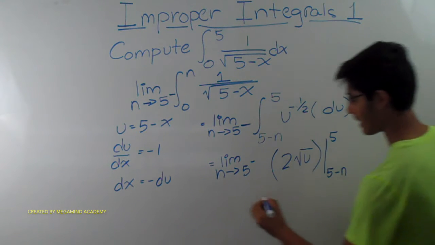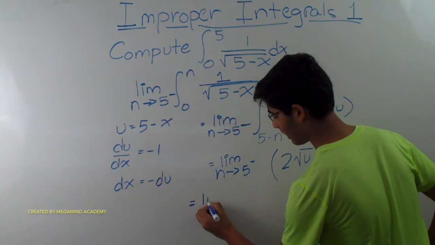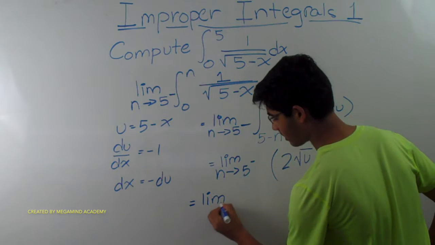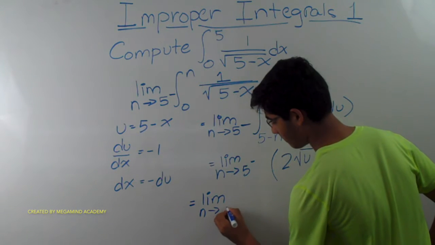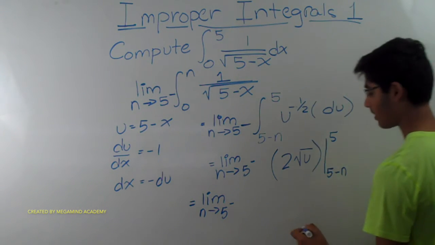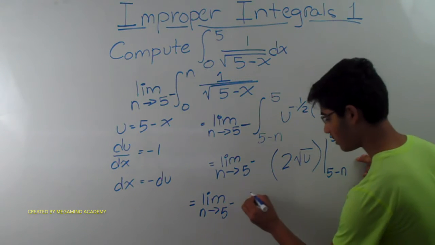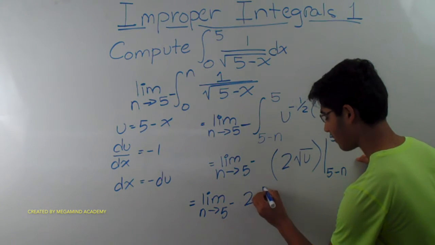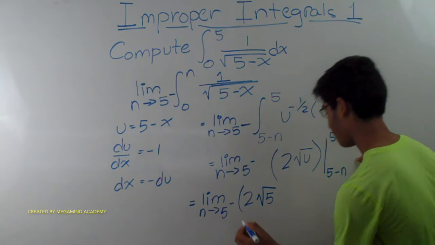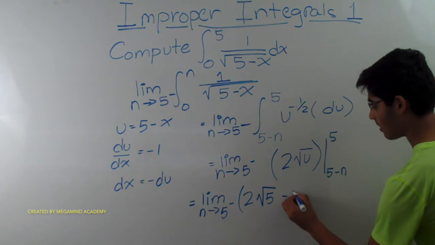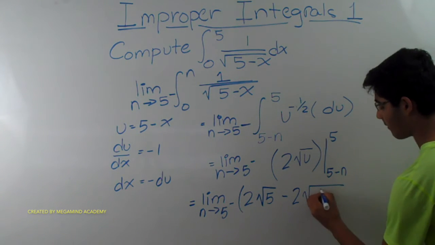So this would be equal to the limit as n approaches 5 from below of 2 times the square root of u. Here we have the upper bound, so 2 square root of 5, minus 2 square root of 5 minus n.